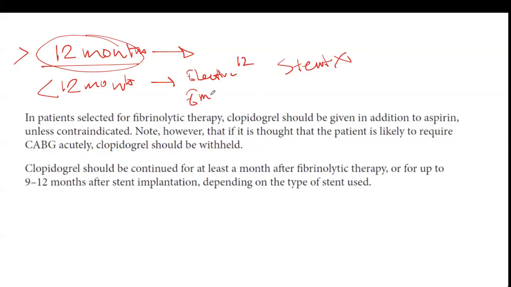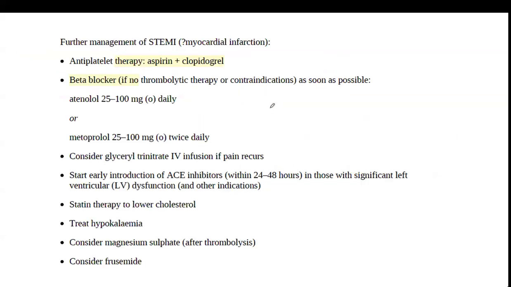But if it is an emergency operation, then there is nothing you can do. The patient will be on the antiplatelet, but you just keep platelets on standby. So you do the operation with platelets on standby. If the patient starts bleeding heavily, you give IV platelets. Okay? Make sense?